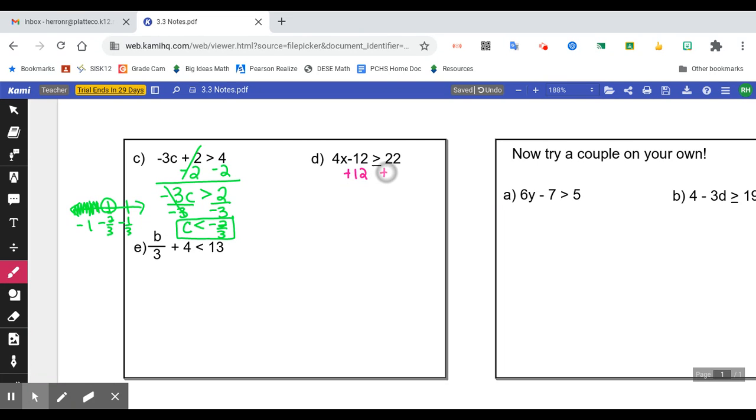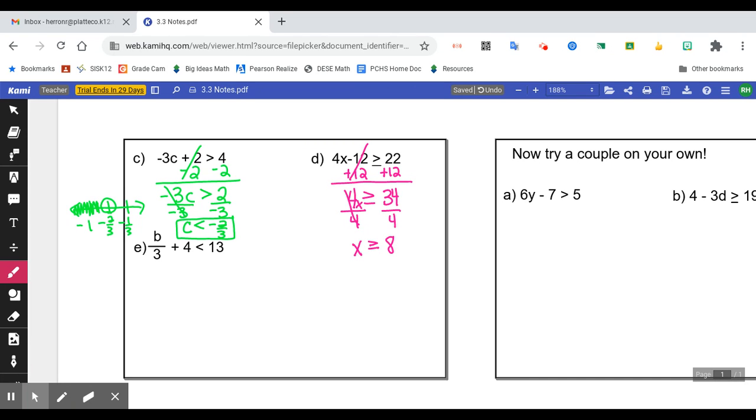So just a couple more here. We're going to do plus 12 on both sides. I have 4x, x is greater than or equal to 34. Okay, divide by 4 on both sides. As you can hopefully tell, this isn't going to go in evenly, so x is greater than or equal to, 4 goes into 34 8 times.